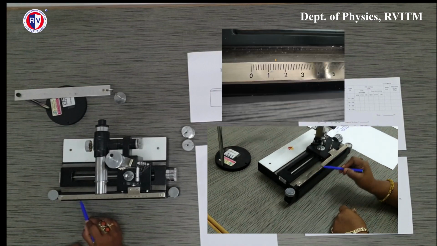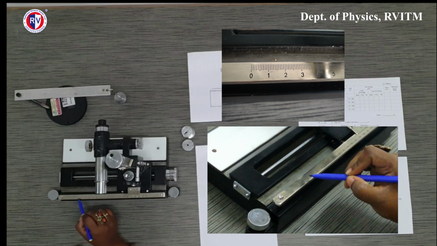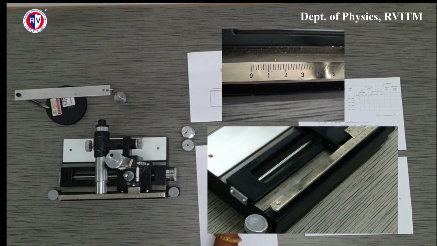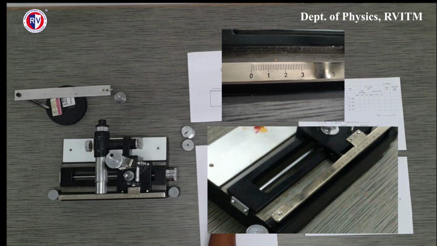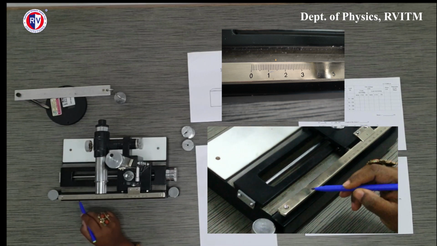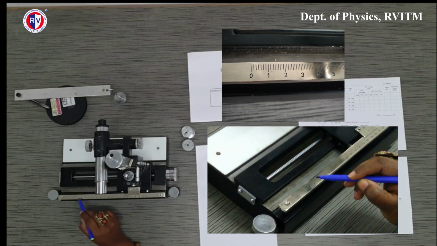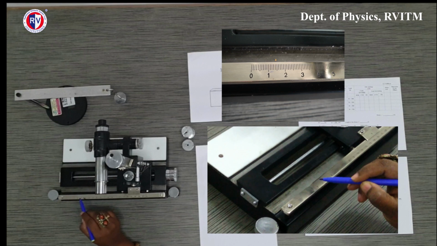If you look closely at the vernier scale here, my 0 to 1, we need to see how many divisions are there. In 1 centimeter of my main scale, I need to see how many divisions. So students, let us count together. As you can see, there are 1, 2, 3, 4, 5, 6, 7, 8, 9, 10.